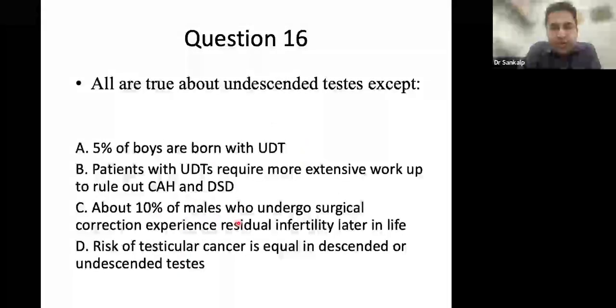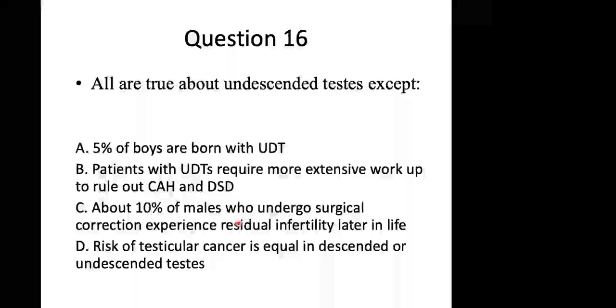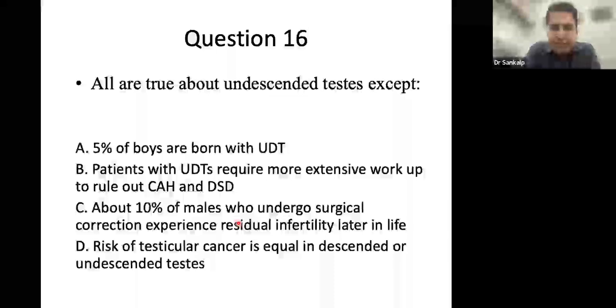Next question is, all are true about undescended testes except. So option A is 5% of boys are born with undescended testes. This is true, right? Second, patients with undescended testes require more extensive workup to rule out CAH and DSD. Of course, if you have undescended testes, especially bilateral undescended testes, then you should definitely rule out CAH and DSD.